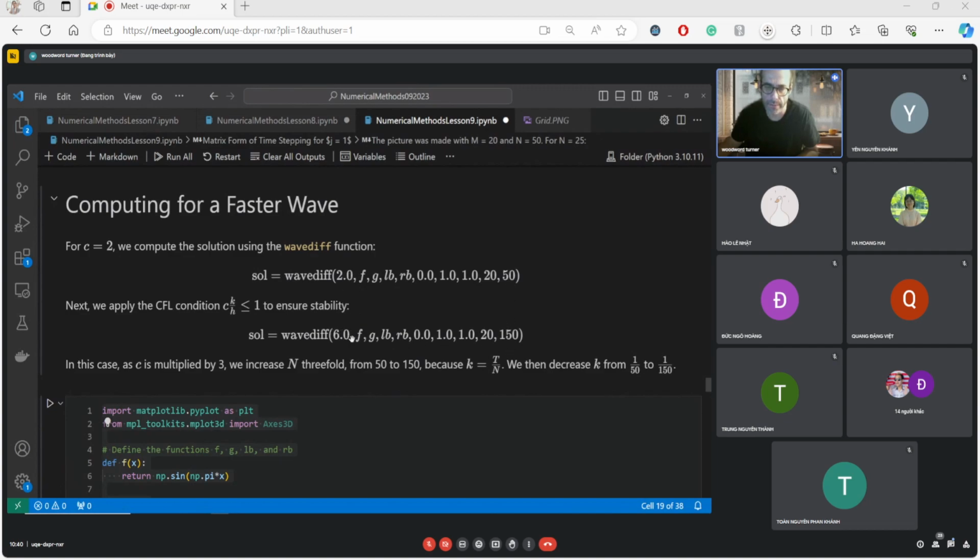I want to apply the CFL condition and find the smallest value for n for which this holds. I want to minimize this, to say this is the smallest n we could have to make it stable. You can see why that's important: we want to minimize the number of operations our algorithm takes so that it is less complex and also faster. So this is one way you can do this.